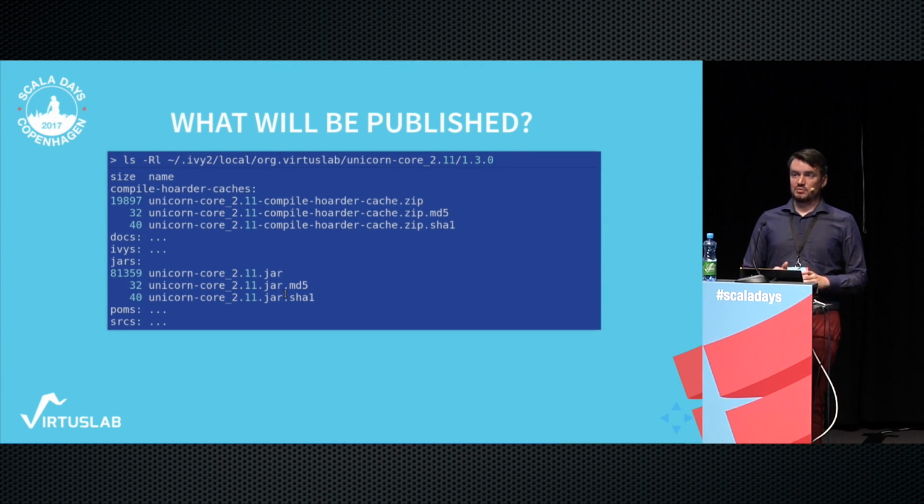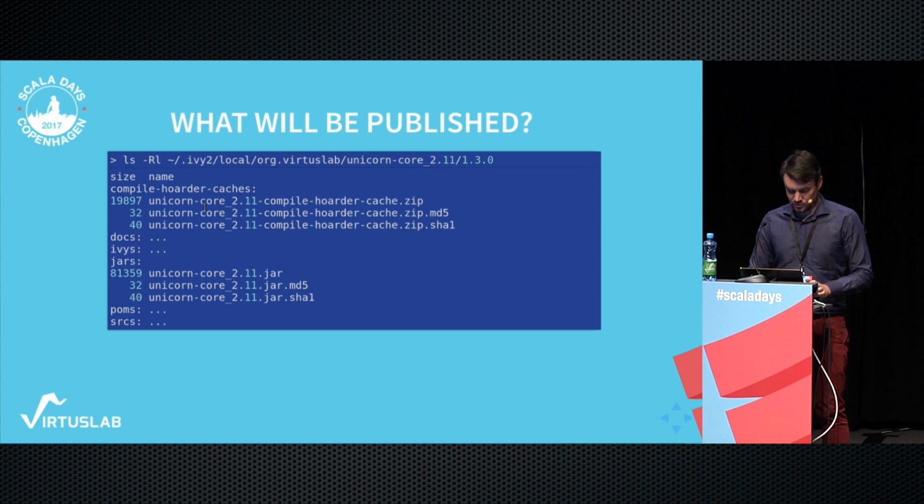And you probably want to know how big the incremental compilation metadata are. So this is from the Unicorn library, and as you can see, this is a little bit streamed output of the ls. You have to believe me that there is nothing new added to the docs, ivys, and POMs and the sources, but you can check it yourself.